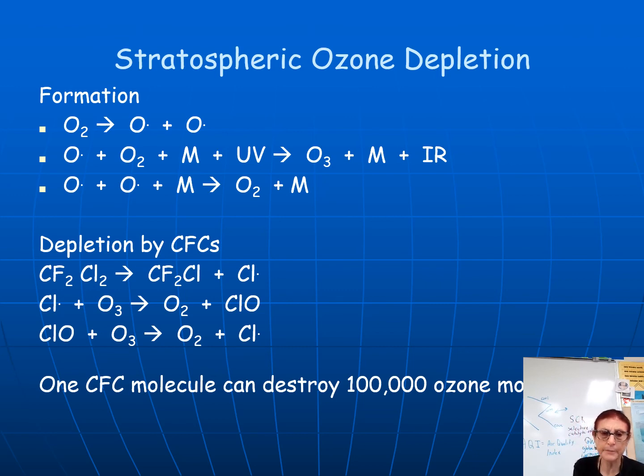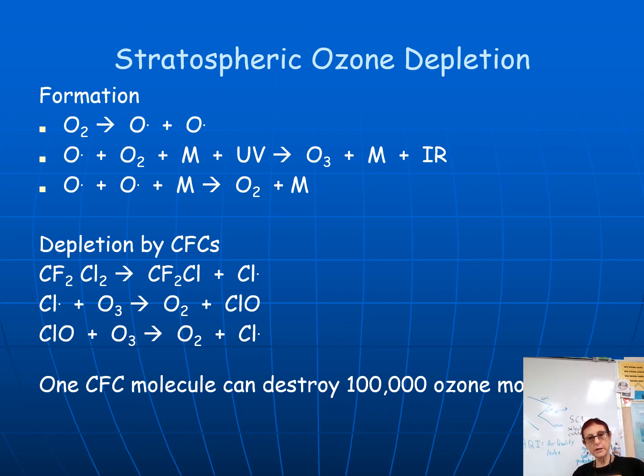When they first saw the thinning over Antarctica, they thought it was an anomaly, but it turned out that it was real. So if you look at where population is distributed, do you have more population in the northern hemisphere or the southern hemisphere? Anybody? In the northern hemisphere. So one of the big concerns is when they started to also see that thinning in the Arctic.